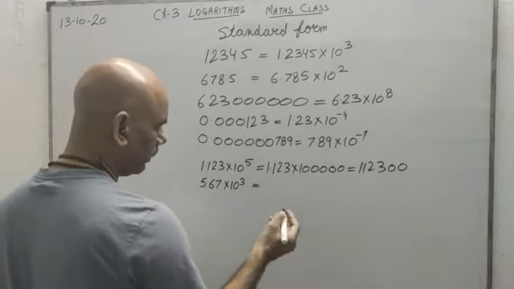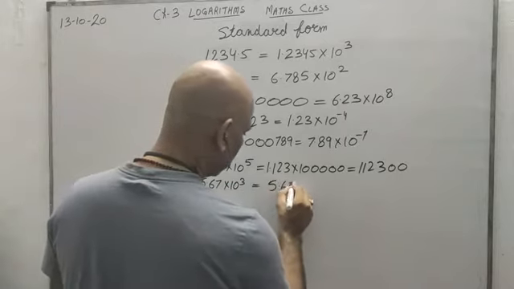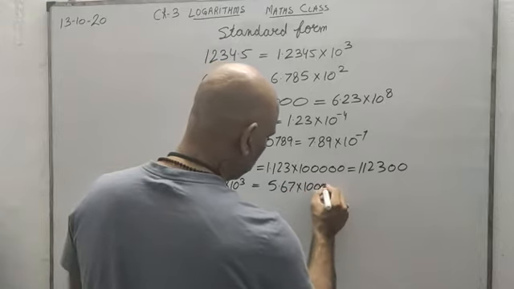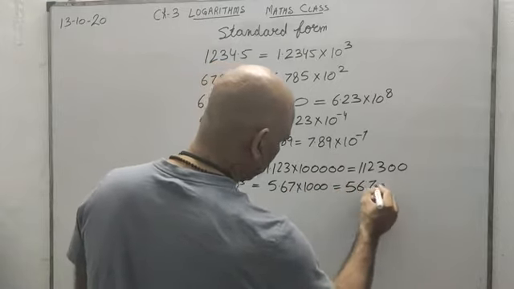The decimal will be shifted 3 places. 5.67 into 1000, that is 5670.